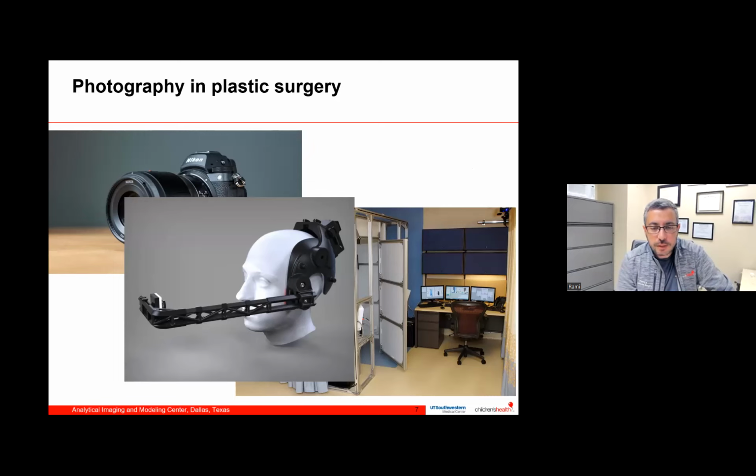And for us to be able to push the frontiers in artificial intelligence and plastic surgery, we might need to do some collaboration. But we need to remember that photographs are PHI. And in order for us to find a way to collaborate, we need to find a way to identify data.